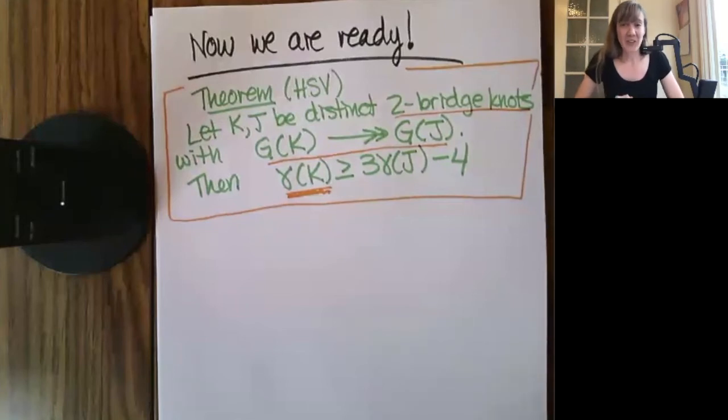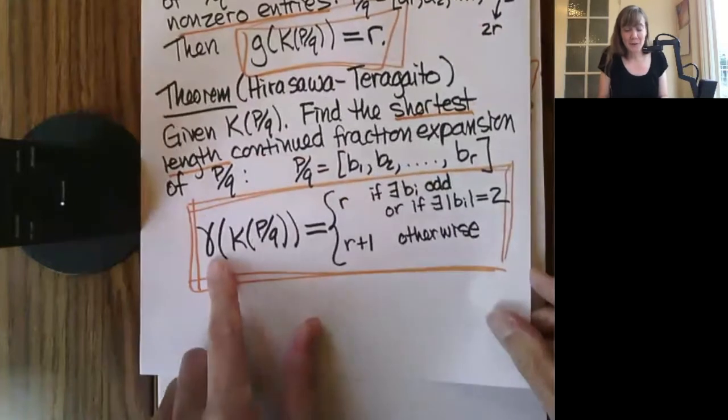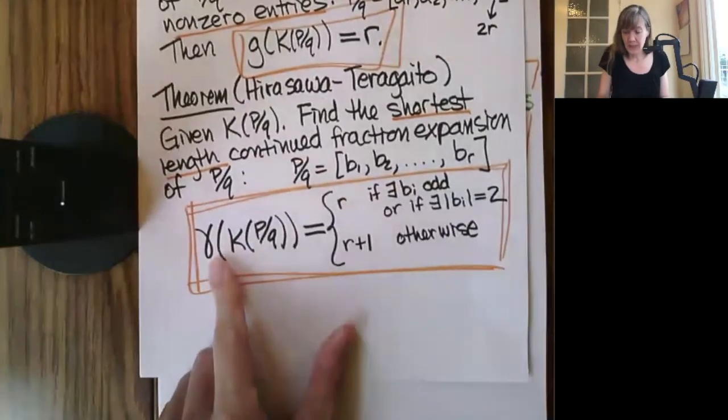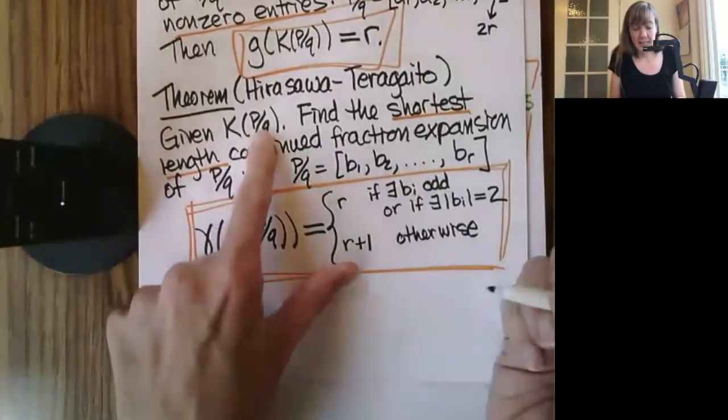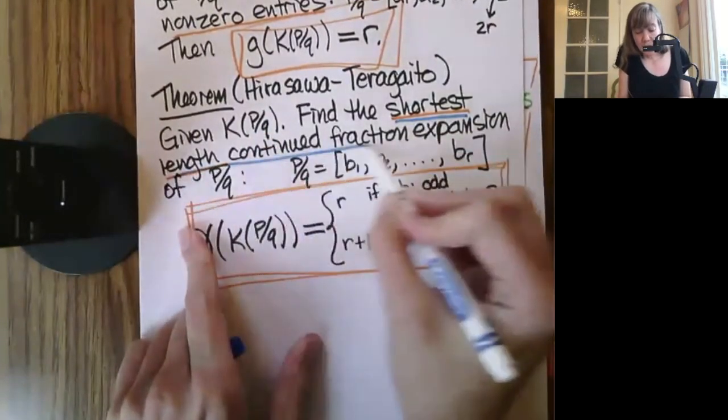I want to tell you what the biggest roadblock to proving this theorem would be, because you probably don't have intuition like, so what's going to be the rough spot? Let me bring back this theorem of how to compute crosscap number. In this theorem, we have to take P over Q and find the shortest length continued fraction expansion.